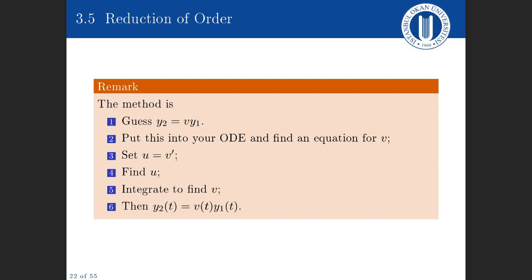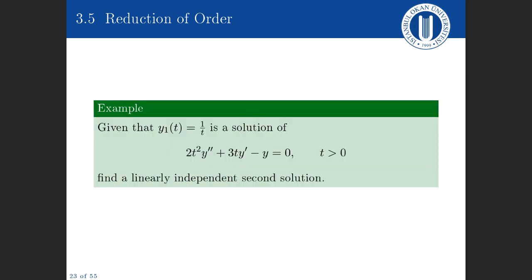Let's do an example. Given that y1 equals 1 divided by t is a solution to this differential equation, find a linearly independent second solution. So we know what to do now.